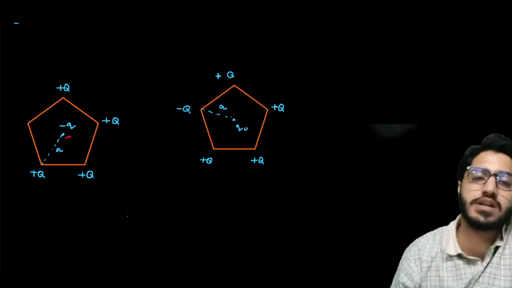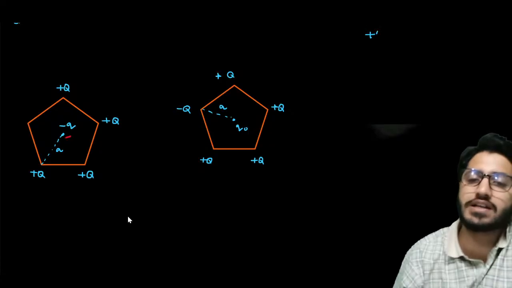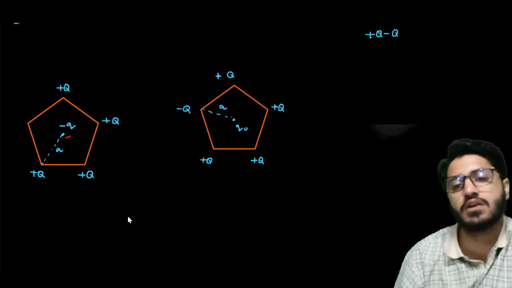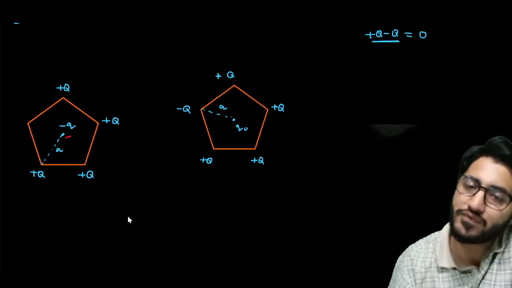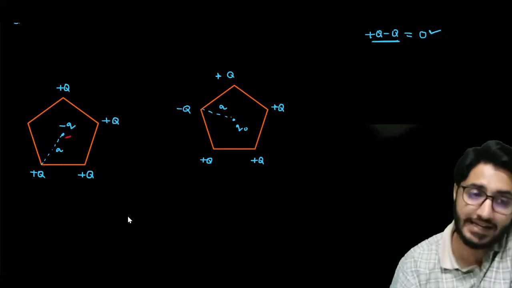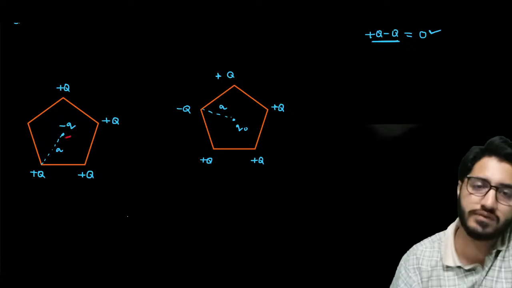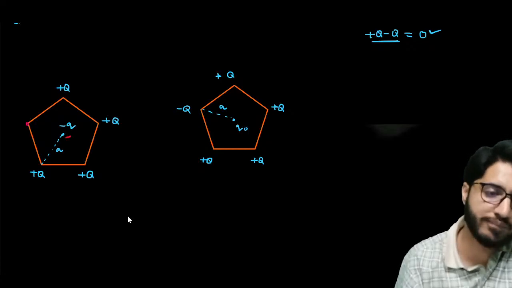Let us suppose, beta, if I ask you what is plus q minus q, what is the answer? Sir, it is 0. So instead of 0 coulomb, can I write plus q minus q? Yes, sir, we can write that here. Here we don't have any charge, so can I write it as plus q minus q?